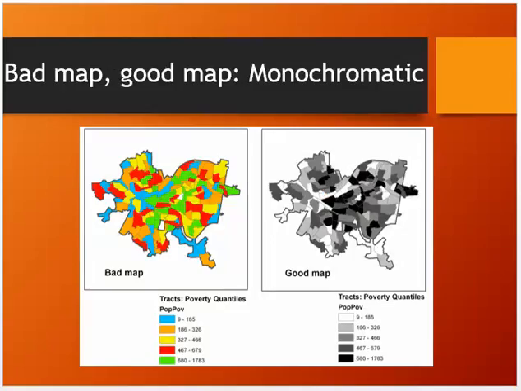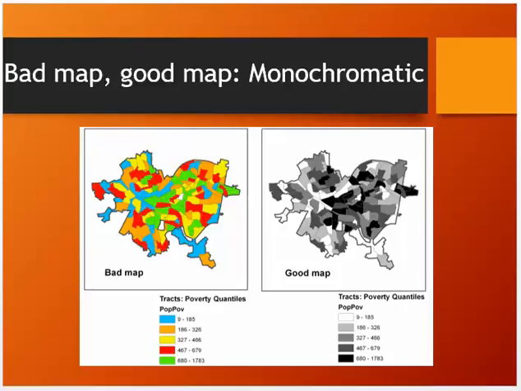But here we have examples of monochromatic maps, where you want your color ramp to make sense. Here we're looking at poverty values, so you want them to make sense. Here we're progressing from 0 to some value.